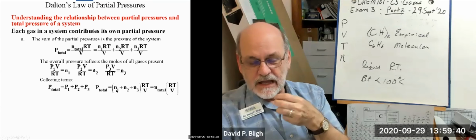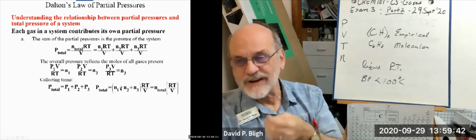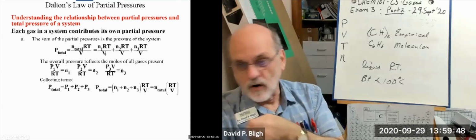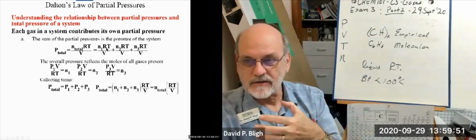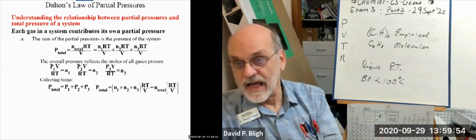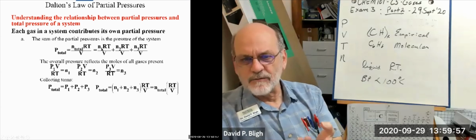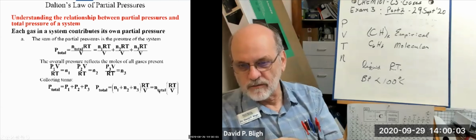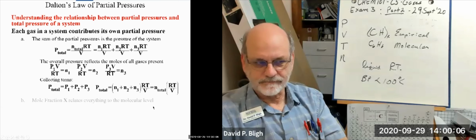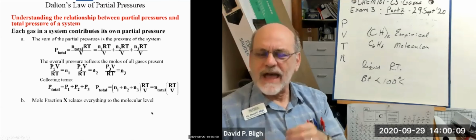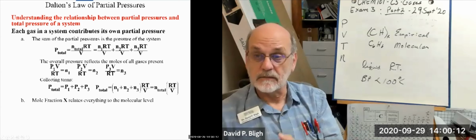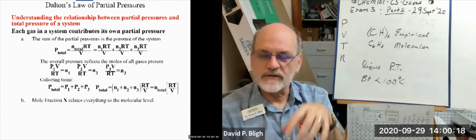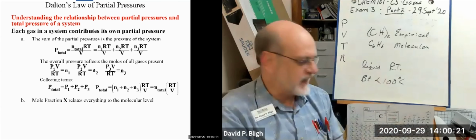And here's an alternate expression where we have factored out the number of moles. So go back up here to this equation, and R, T, and V are all the same. So they can be factored out just like you would in a math class. Factor them out, and you leave behind N1 plus N2 plus N3, which is here. And that's the total number of moles. So we have a special expression for the ratio of the number of moles of an individual gas to the total moles of gas.